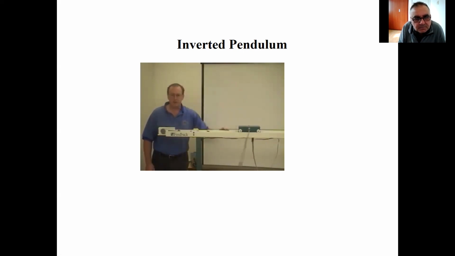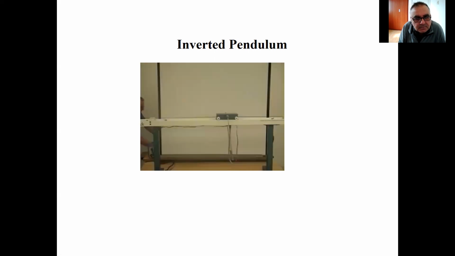So now let's see a demo of this pendulum in action. This is just by itself. So now we have the controller running and the cart stabilized in the upright position. It's using two sources of feedback.